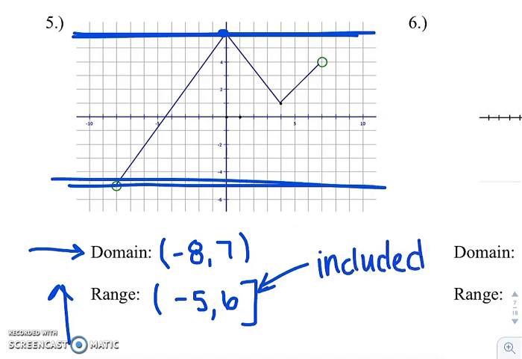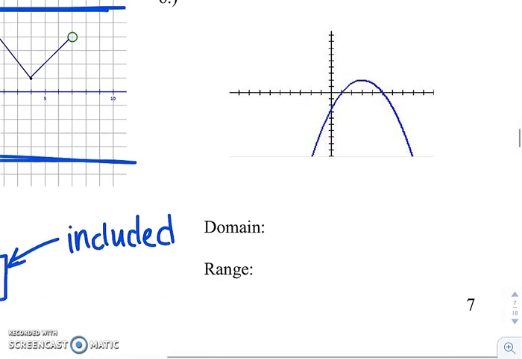So if we look at our next one, this is pulled from a calculator, so it's not going to show, but this really continues downward. So the domain, it doesn't necessarily look like it's going to left and right. It looks more like it's just going down, but it is slowly continuing to the left and slowly continuing to the right.